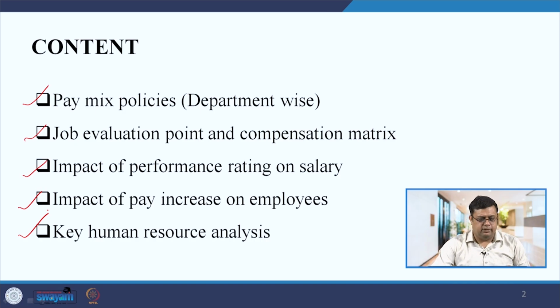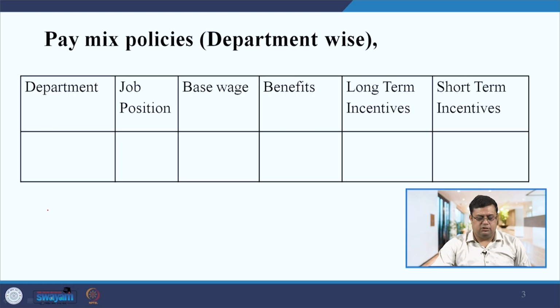So, let us start with the first, pay mix policies. Whatever salary any one of you is getting in the organization, specifically at the managerial level, the first component of the salary would be the wage rate. Second, certain benefits that the employee will be getting. You can divide these benefits into two categories, short term benefit and long term benefit.